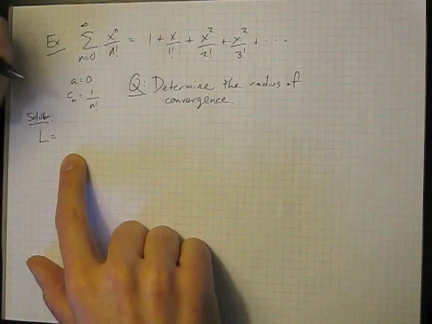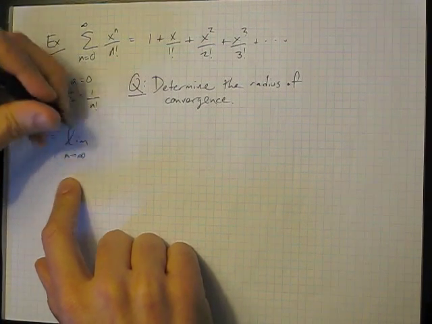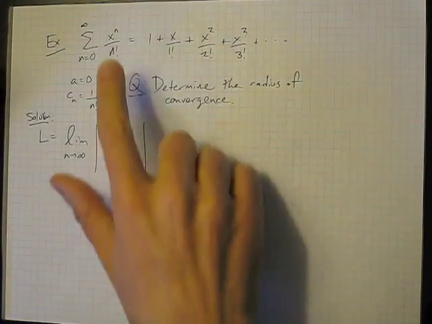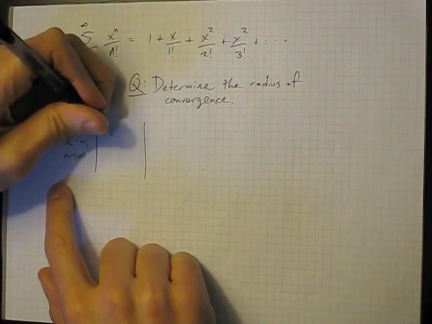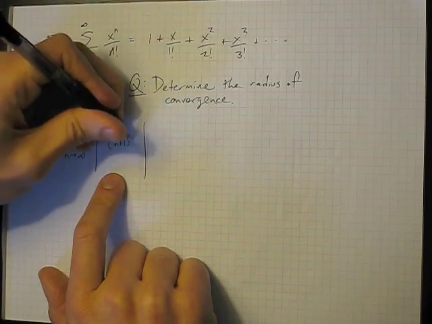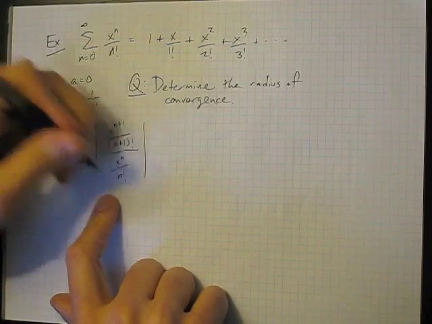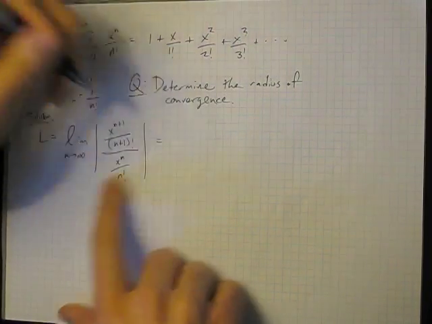We have L is equal to, I'm going to skip over the a's at this point, and just use our general strategy: you take the n plus first term divided by the n term, and we simplify this.